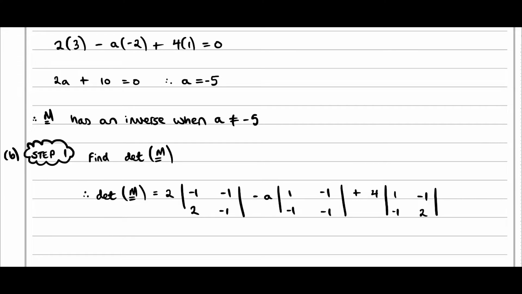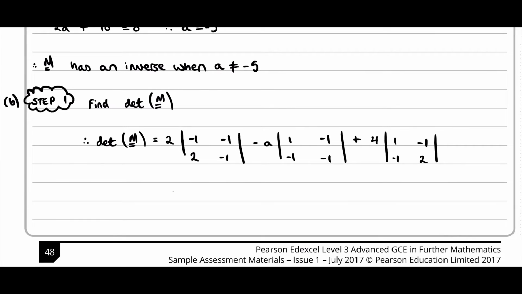And essentially, we see that we end up with 2a plus 10.